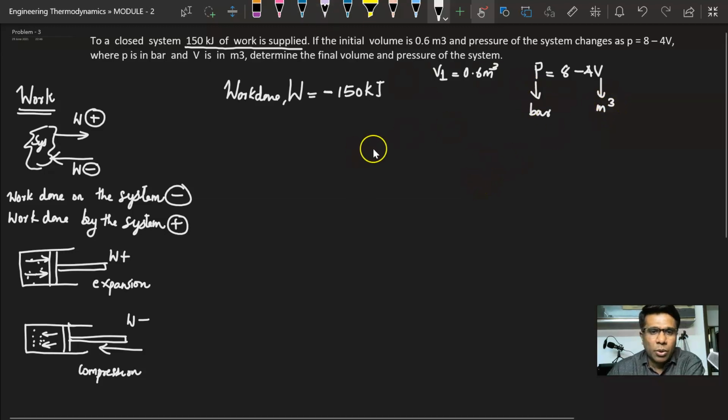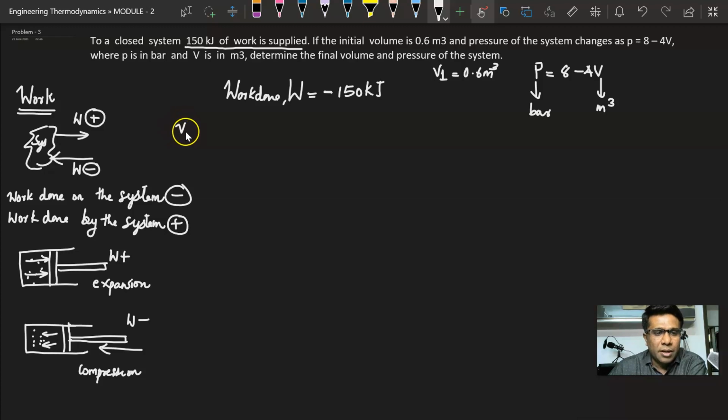This is what is given in the question, and we are supposed to find the volume in the final case, that is the volume V2, and also the final pressure. This is what they are asking us.